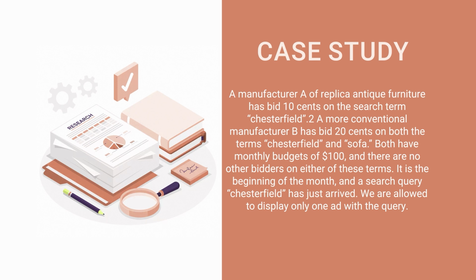Now both have monthly budgets of $100 and there are no other bidders on either of these terms. These are the only two bidders available. Now it is the beginning of the month and a search query Chesterfield has just arrived. How will you display the ad with the query?